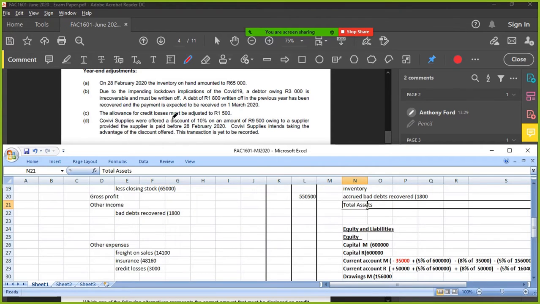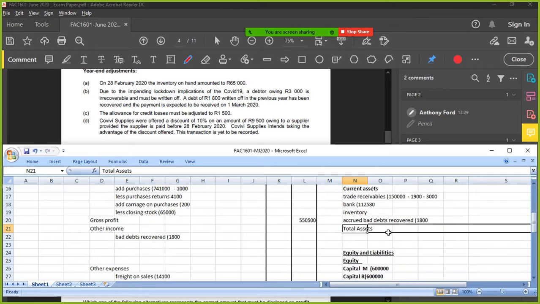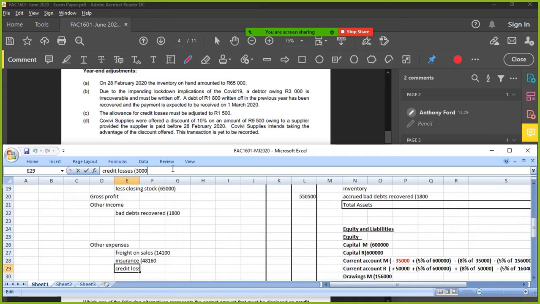Okay, the allowance for credit losses must be adjusted to 1.5. What is the existing allowance? Okay, 19. So the 19 needs to go down. Minus 400. So if I'm minusing 400 from the allowance, I'm debiting the allowance and I'm going to credit the expense. So your credit losses will be going down by 400.